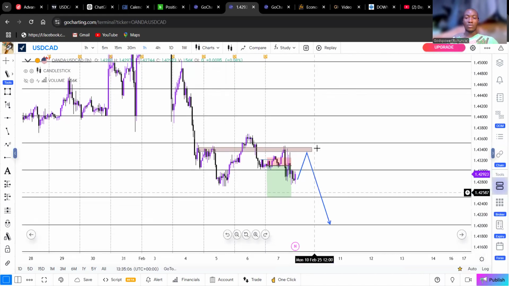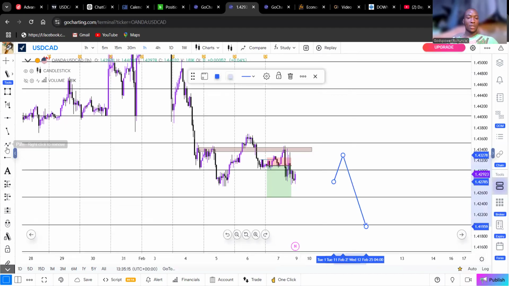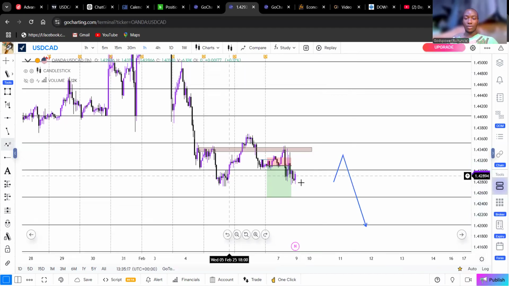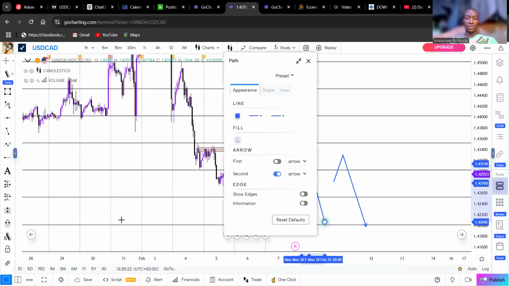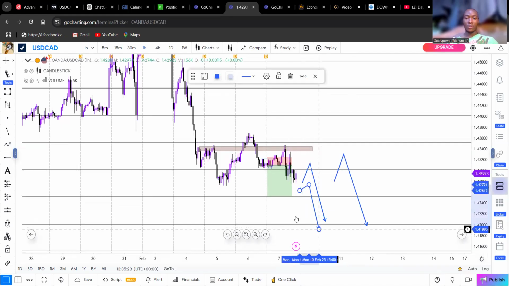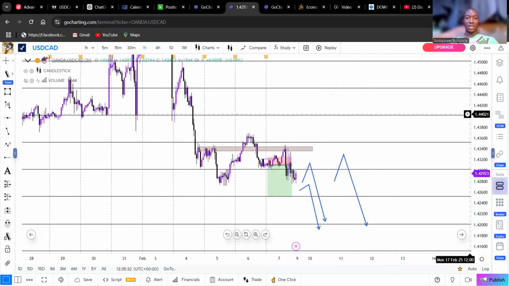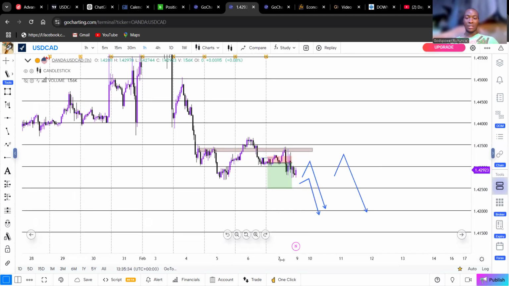There's still opportunity within the week to push back up a little, then go down a little, or from this point just keep going down. So basically, the plan still remains selling USD CAD aggressively.